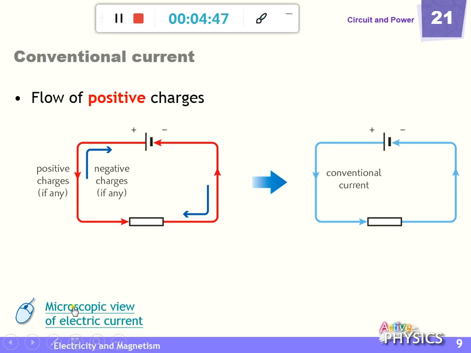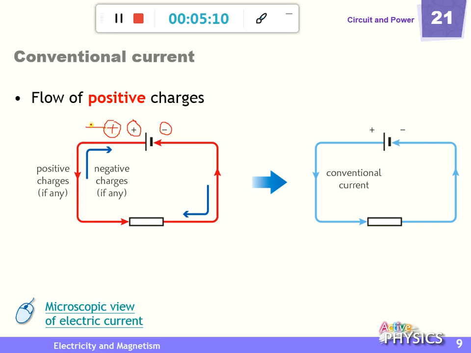But unfortunately, scientists think that everything should start from positive and then end at negative. It means that in this case, starting from positive, in the last chapter, the positive terminal displays positive charge because like charges repel.